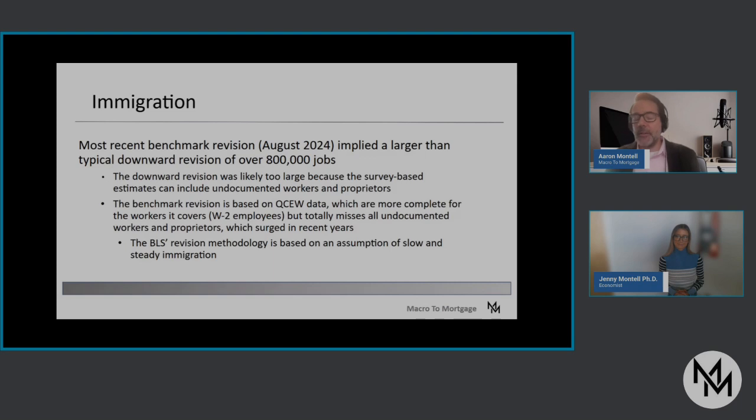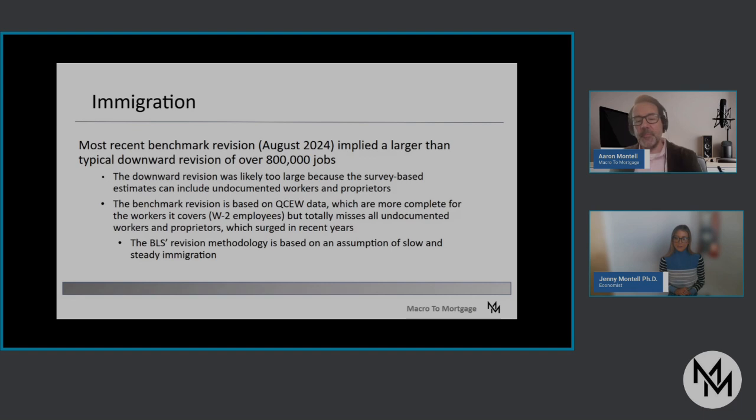So there's likely quite a bit of immigrant work, documented and undocumented, happening through the creation of LLCs across the country, and they can go out and bid on jobs if they're delivery drivers or construction workers or whatever trade they have, and they can get paid. But because of the way they're doing it, they're potentially being missed by the QCEW. That's exactly right, Aaron.